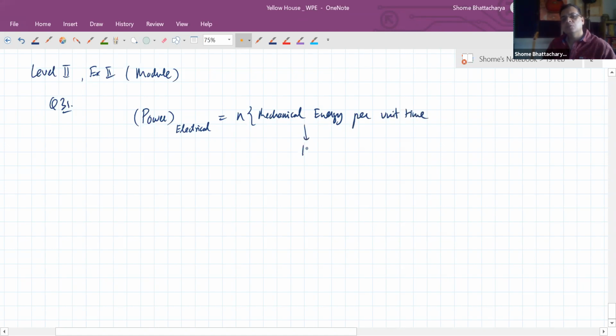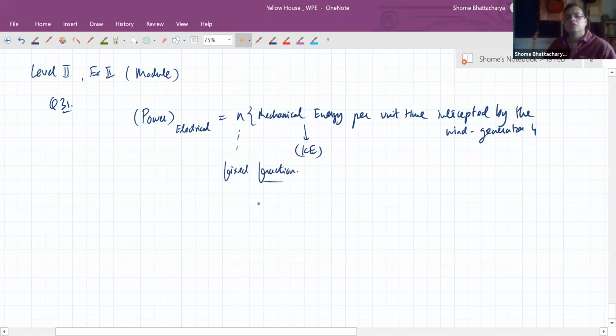Mechanical energy is also in the form of kinetic energy actually, per unit time intercepted by the wind generator, the wind power generator. Okay, so where N is a fixed fraction. We can say that the electrical power is proportional to the kinetic energy per unit time captured by the wind power generator.